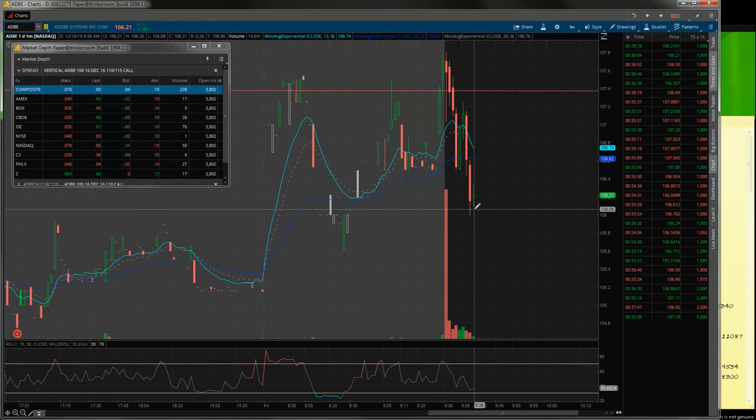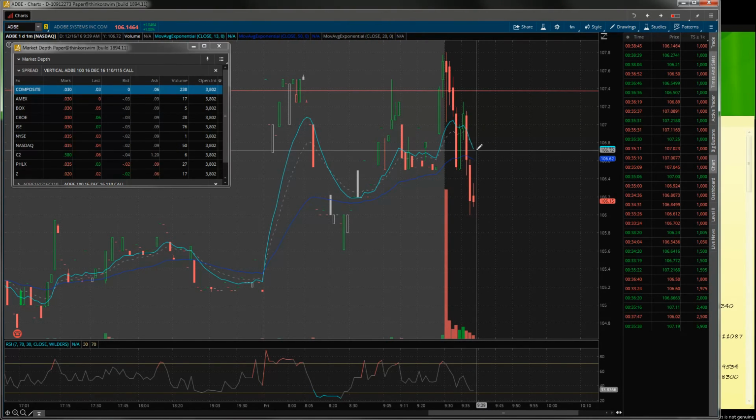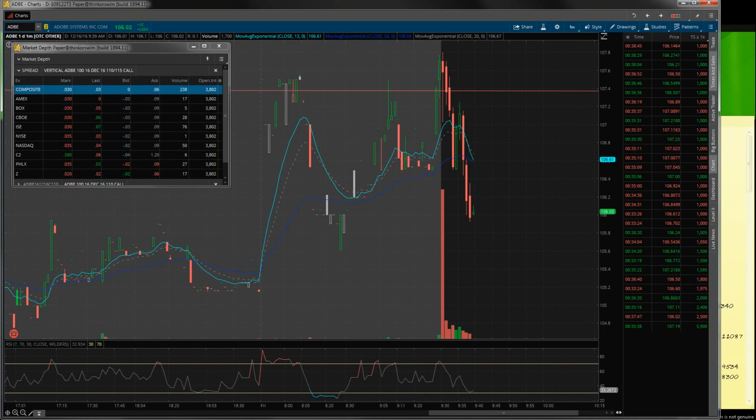As you can see, the time at the bottom is 9:38, and these are 1-minute candles. So maximum profit in minutes. That is why we option trade, not share trade. It is far more superior to sell options.